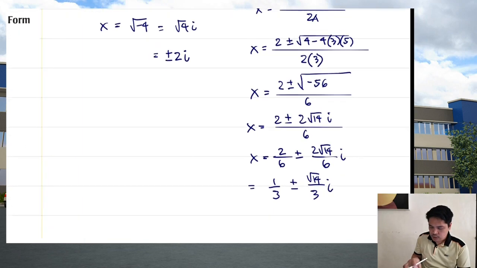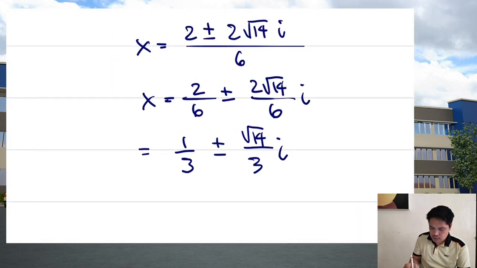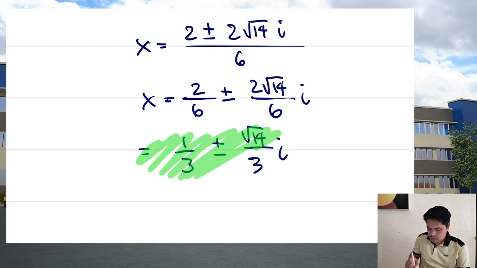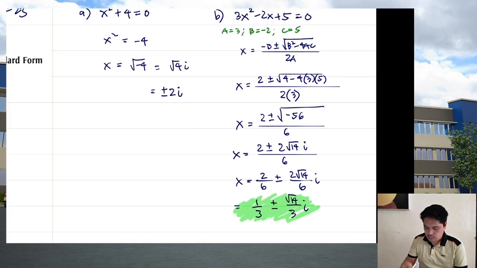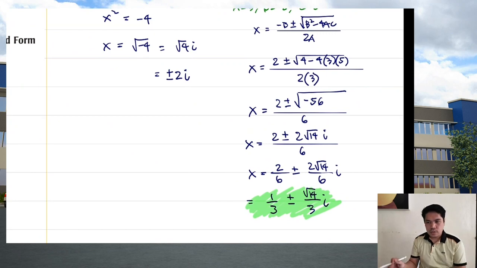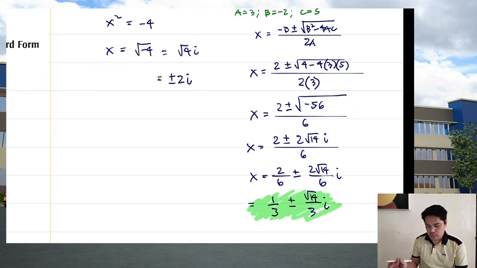So, this is the answer by using the quadratic equation. You can also try to solve this using completing the squares and you will arrive at the same answer. Okay, that's it. So let's try to answer some exercises.